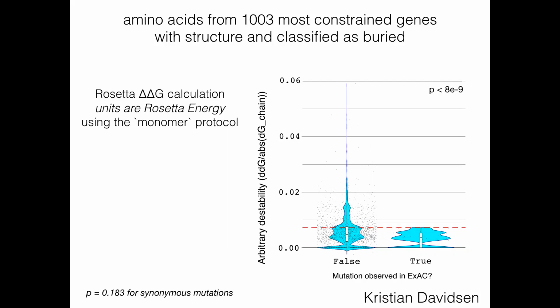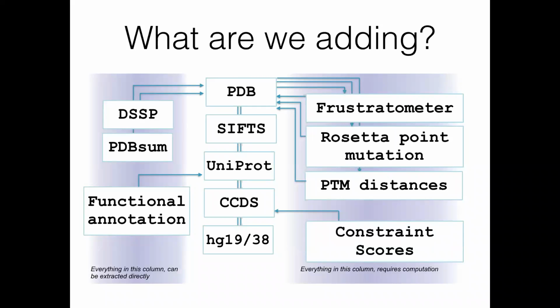This has been a summary of some of the features that exist and can be extracted, focusing on the ones that I have been working on. I just want to mention that I've also been extracting distances from each amino acid to sites with post-translational modifications, as well as some functional annotations from UniProt.